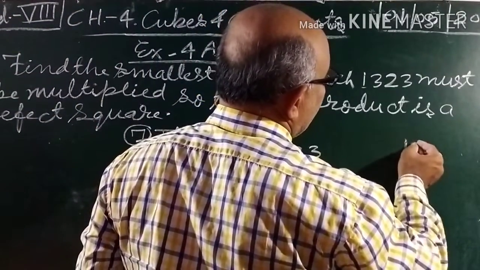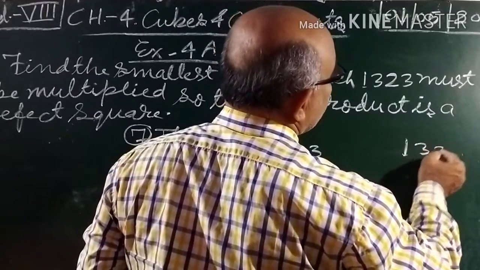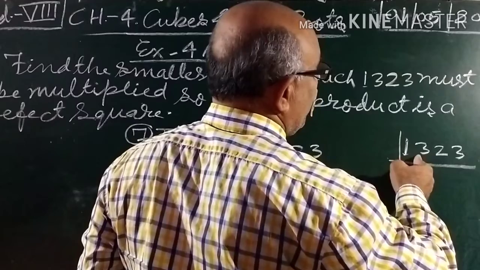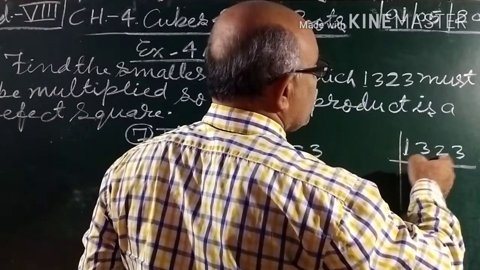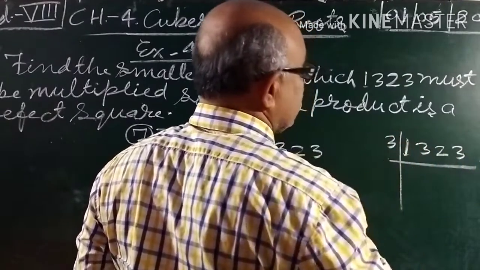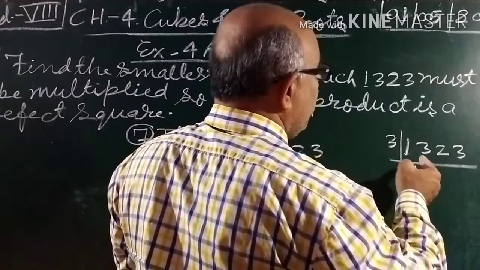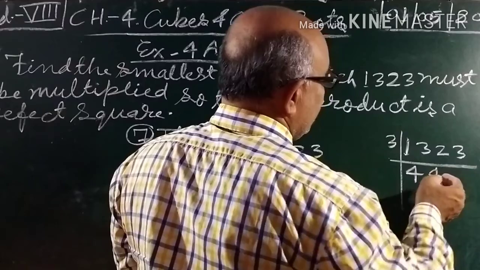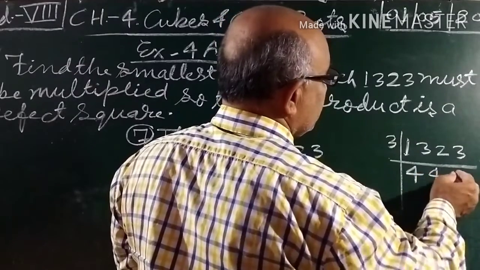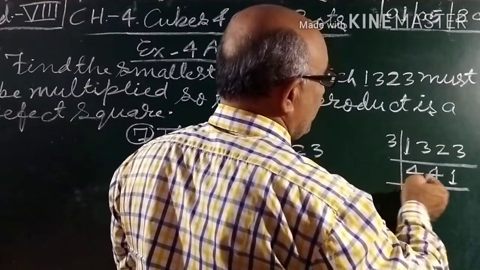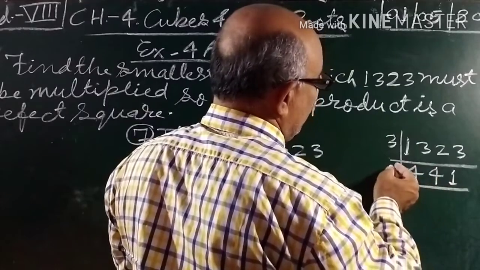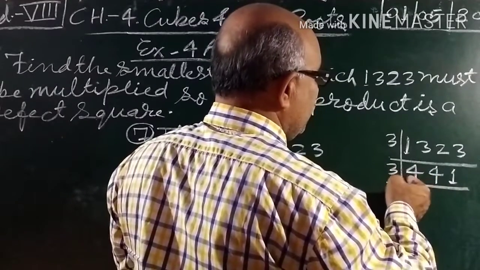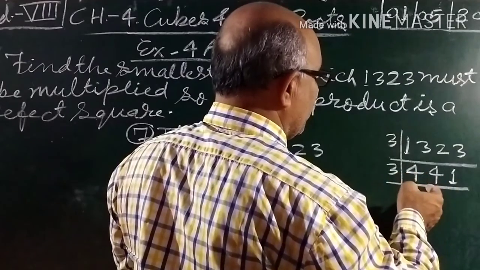So find here the prime factors of 1323. 1 plus 3 is 4, 4 plus 2 is 6, plus 3 is 9. So it is divisible by 3. 3 times 4 is 12, and 3 times 1 is 3. Now 4 plus 4 is 8, plus 1 is 9. It is also divisible by 3 again. 3 times 1 is 3, then 14.